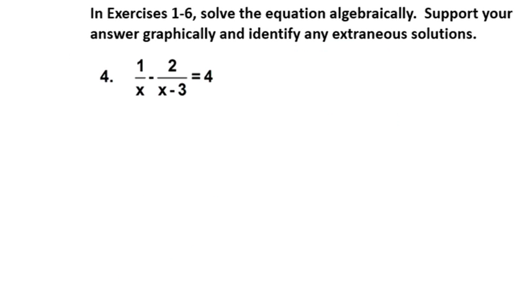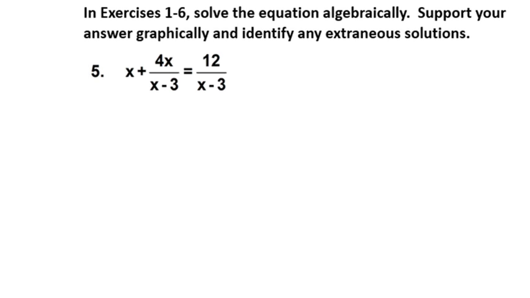Okay, we go on to our next unknown problem, which is 5. And we have this more complicated equation. So x plus 4x over x minus 3 equals 12 over x minus 3.